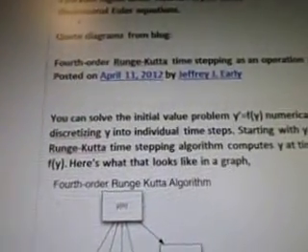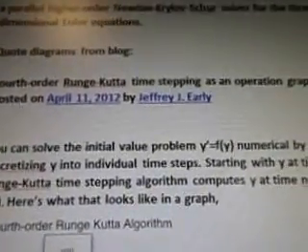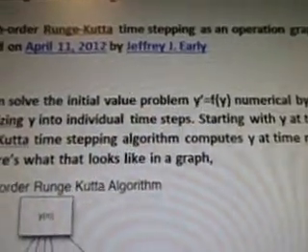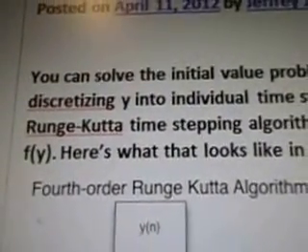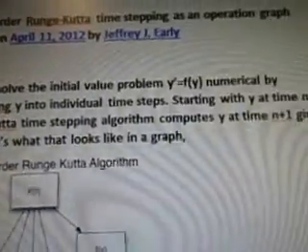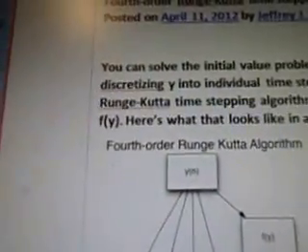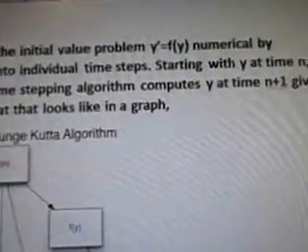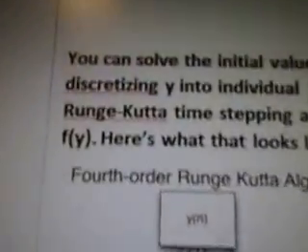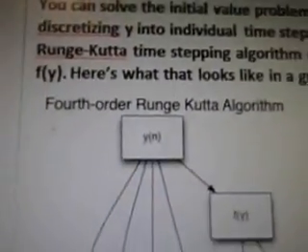You can solve the initial value problem of y equals f of y numerically by discretizing y into individual time steps. Starting with y at time n, the Runge-Kutta time stepping algorithm computes y at time n plus 1 given f of y. Here's what it looks like in a graph.